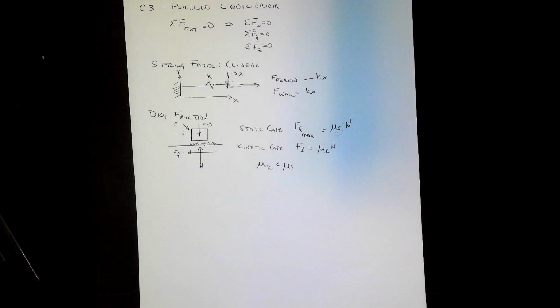But here's the deal. Friction is smart and lazy. There's only as much friction force here as needed to stop this thing from moving. So friction's like, well, if there's only 10 newtons of force going in this direction, it'll only rise up to 10 newtons. Now, μs times N might be 50 newtons, but if I only need 10, that's all it's going to give me. That makes sense because this is the maximum available.